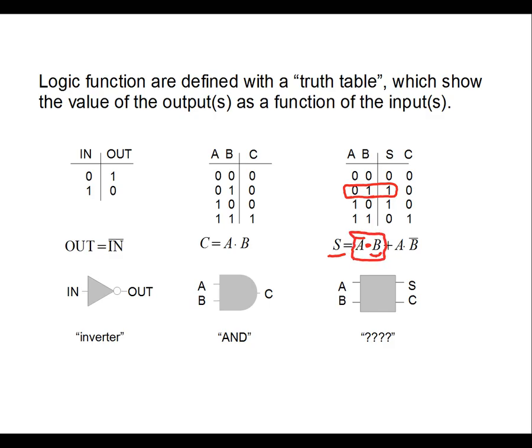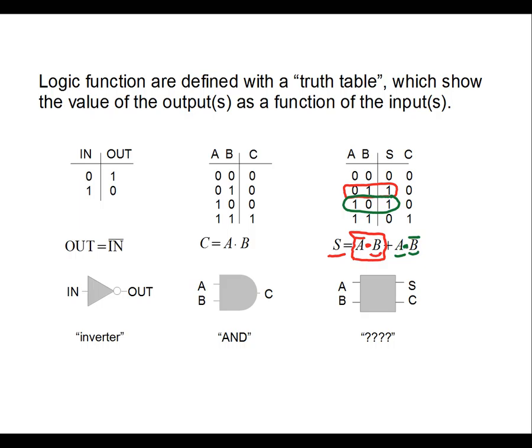Okay. Now, but that's not the only place that S is equal to 1, because another place S is equal to 1 is right here. So what makes that happen? Let's see. A has to be equal to 1, and B has to be equal to 0. Do you see what the bar does on it? When B is 0, B bar, or not B, is 1.